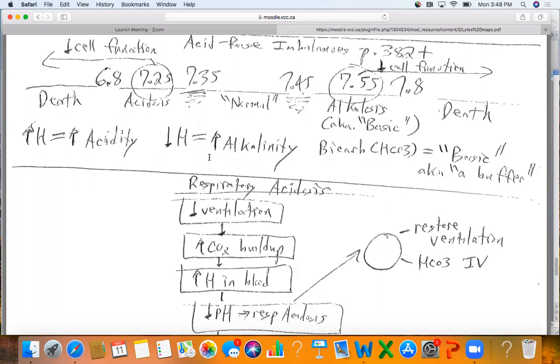And because we established CO2 is synonymous with hydrogen for our level of thinking, then you're lowering hydrogen in the blood. Hydrogen is acidic. If you're lowering something that's acidic in the blood, then you're moving towards a more basic or alkalotic environment. Another way we can get rid of hydrogen in the body is that the kidneys can kick in and get rid of hydrogen.